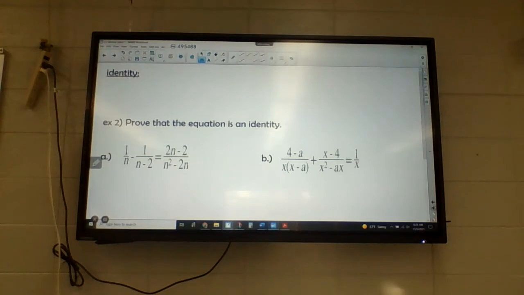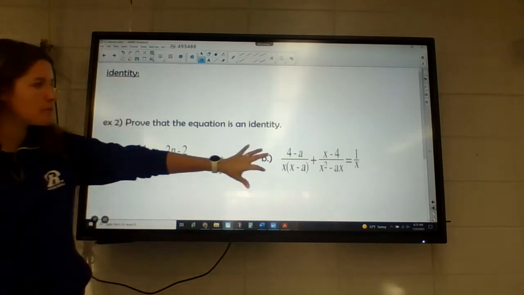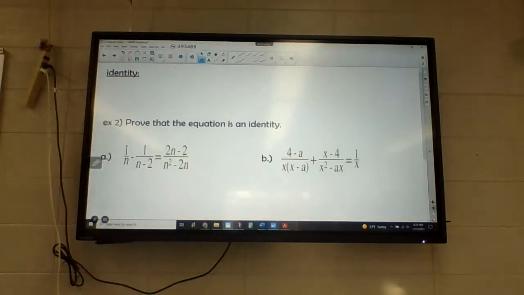I don't think there'll be any like that, but if you can't get them to match, then something weird is going on. Now this one's a little bit strange because there are two variables, and we'll talk about that in a second. It says the equation's true for all values of the variable where both sides are defined.